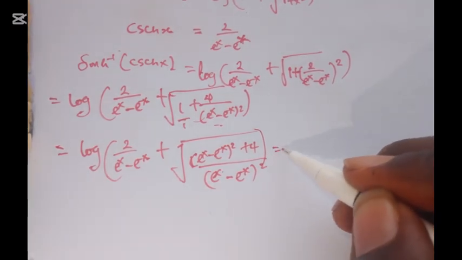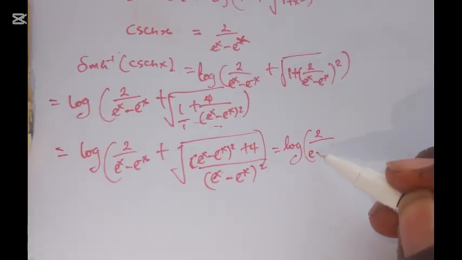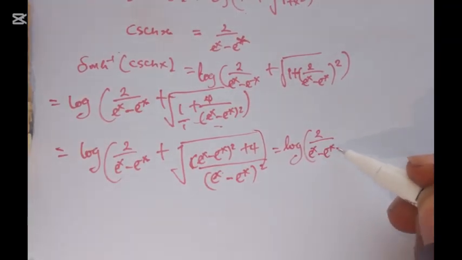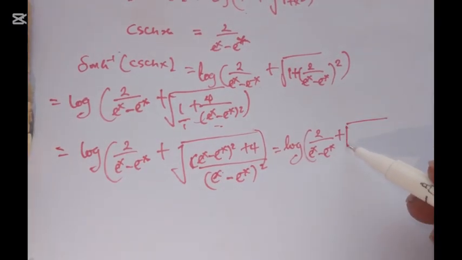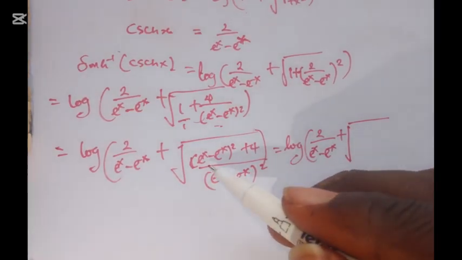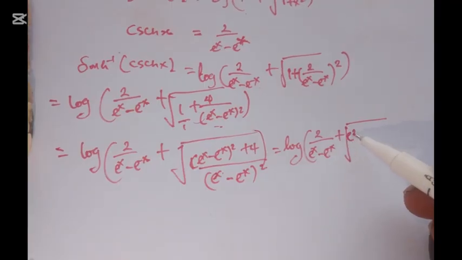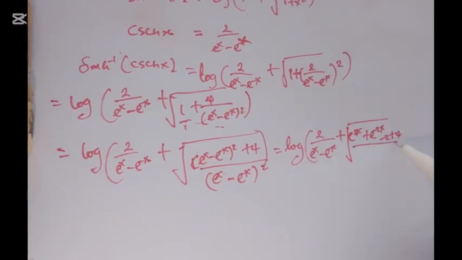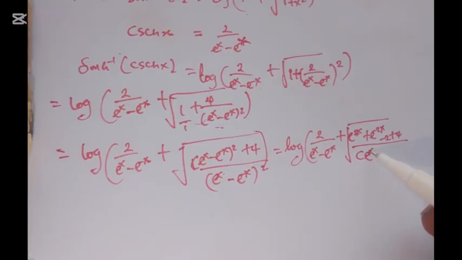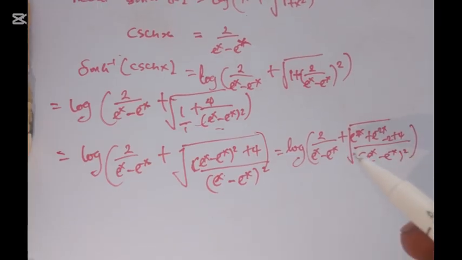So this is equal to log of 2 over exponential x minus exponential negative x plus the square root of, now if you expand exponential x minus exponential negative x squared, this will give you exponential 2x plus exponential negative 2x minus 2, plus 4. Then everything over exponential x minus exponential negative x to the second power. Then you close the bracket.